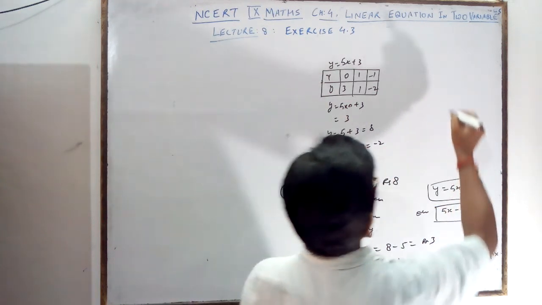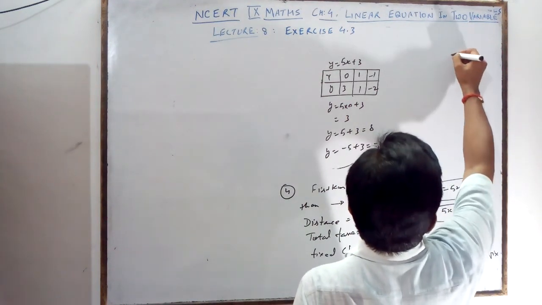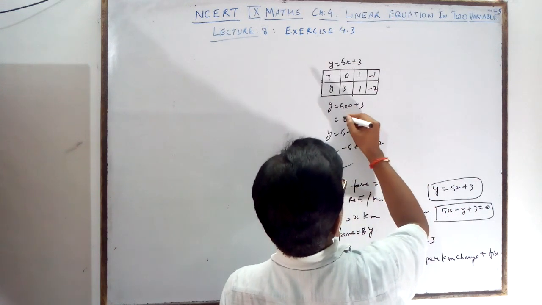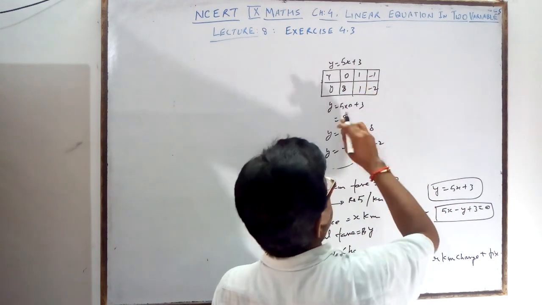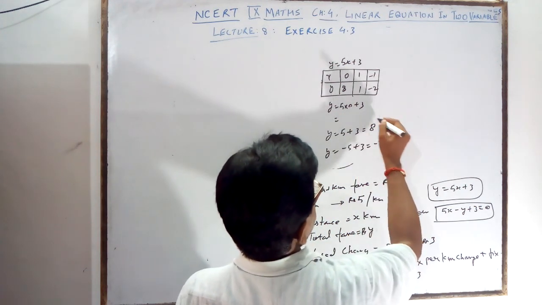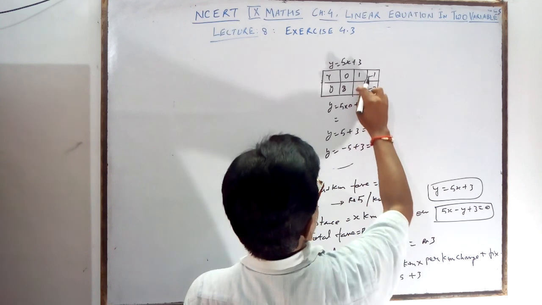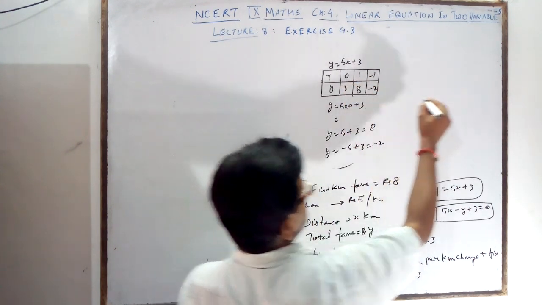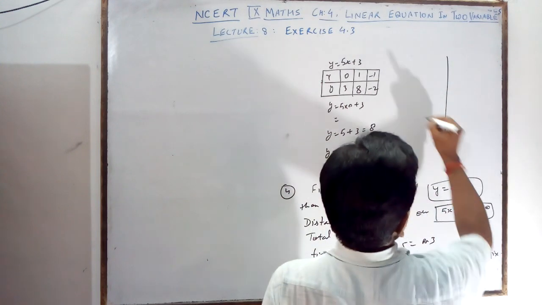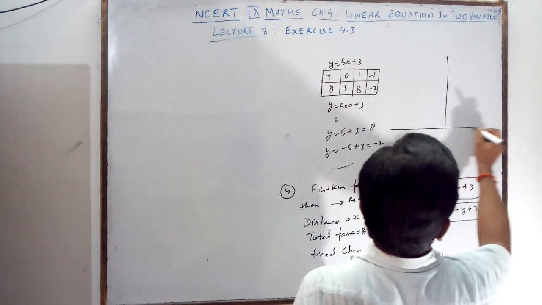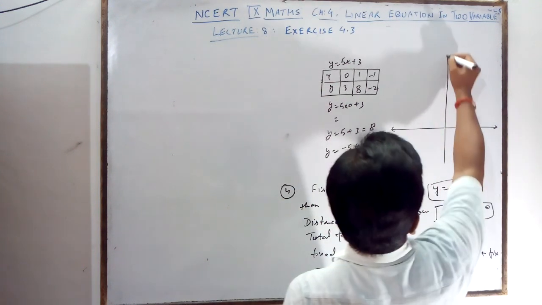So by this you will plot the graph here. 5 plus 3, 8, not 3. Here is the 8. Here is 3, correct? We'll plot it 1, 8. So you want to draw the graph where y is 8.